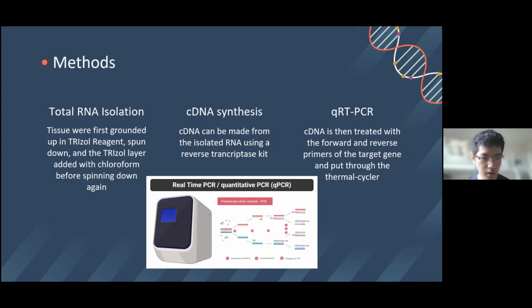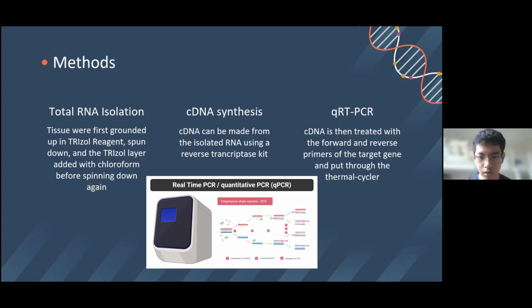This was then washed with isopropanol and then ethanol before finally being isolated into a pellet and diluted with RNase-free water.